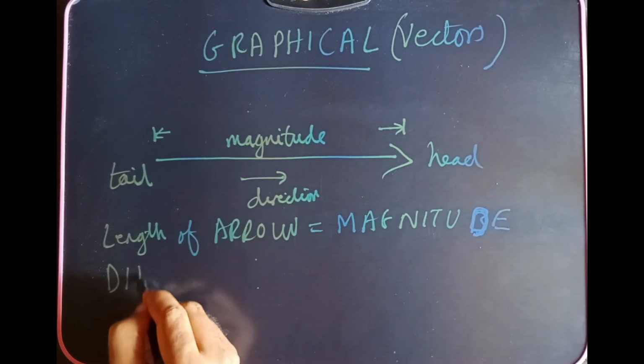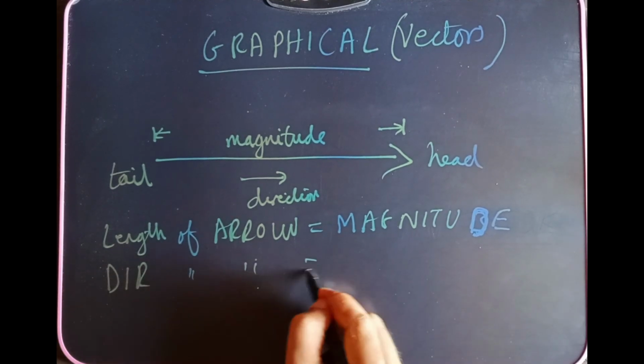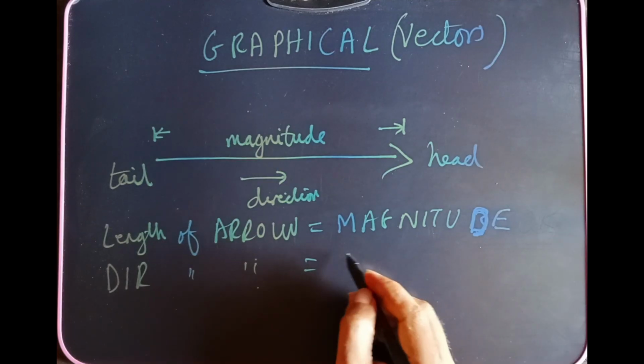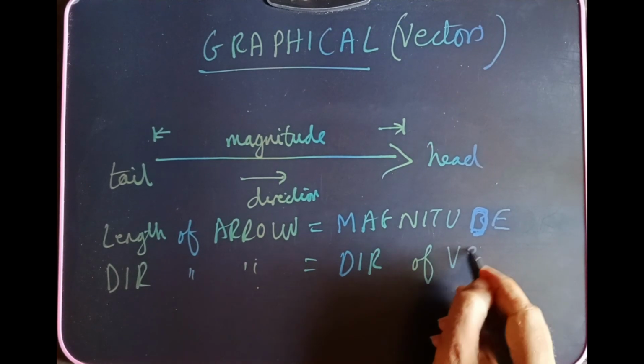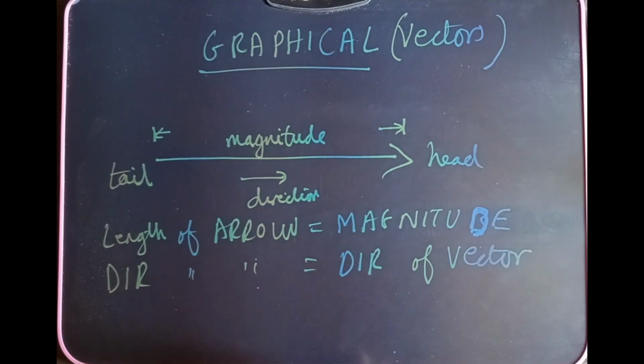Direction of arrow shows the direction of vector, right? Mathematically, a vector is denoted as A with an arrow on top.